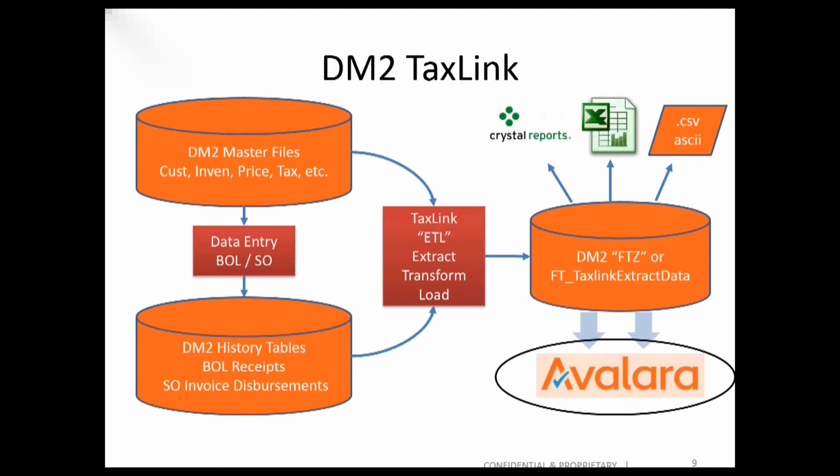Part of working with DM2 is data integrity checks, exception reporting, tying back to inventory, and tying back to general ledger. So it's not just a technical exercise of exporting data. There's quite a bit of data integrity and internal controls work going on inside the ERP before we pass the data on to Avalara.